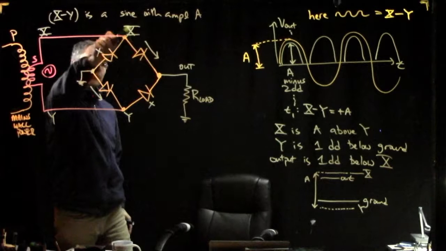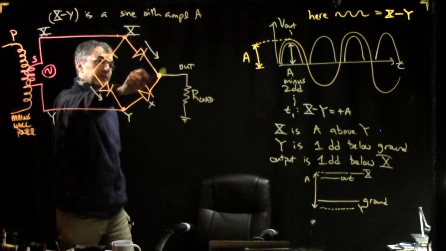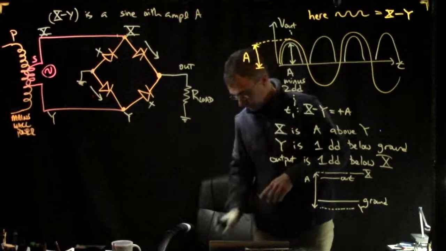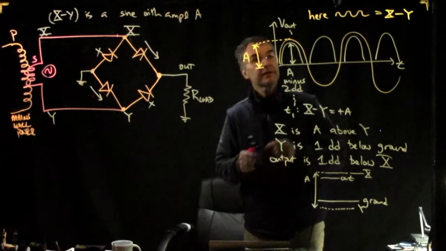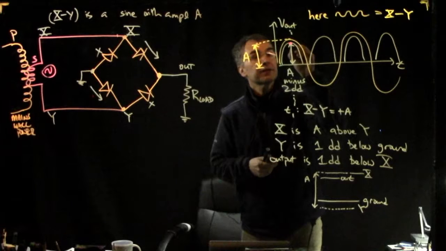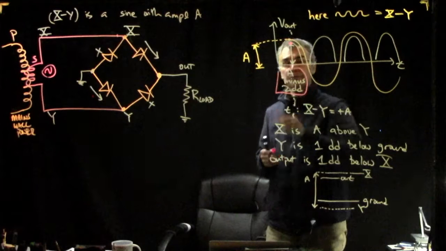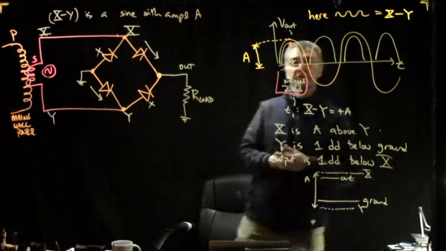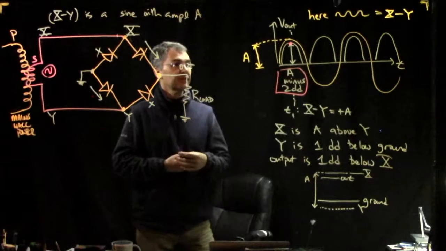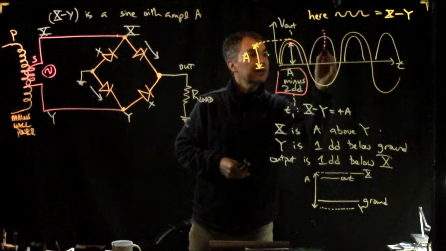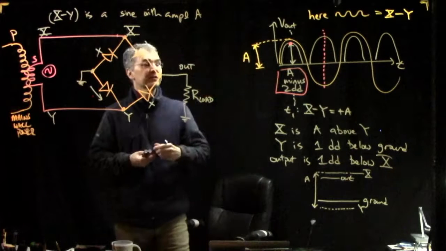And then from X, we go down a diode drop to get to the output. So that tells us that at this instant, the output is the amplitude A minus 2 diode drops. That's sort of interesting.